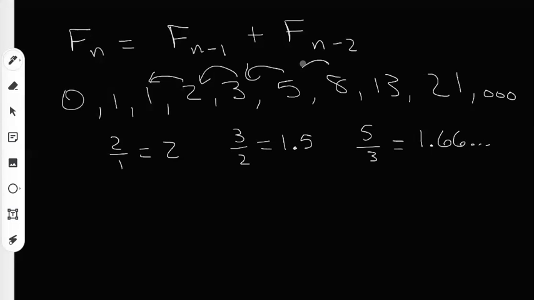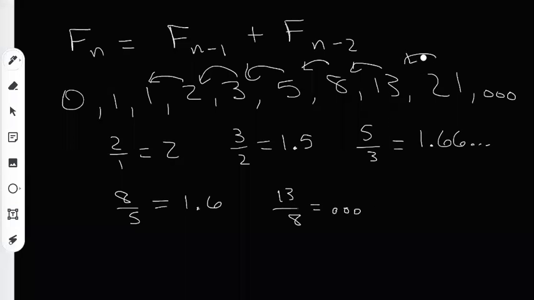What if I did 8 divided by 5? Well, that would be 1.6, right? And if I did 13 divided by 8, I would get some different decimal, right?